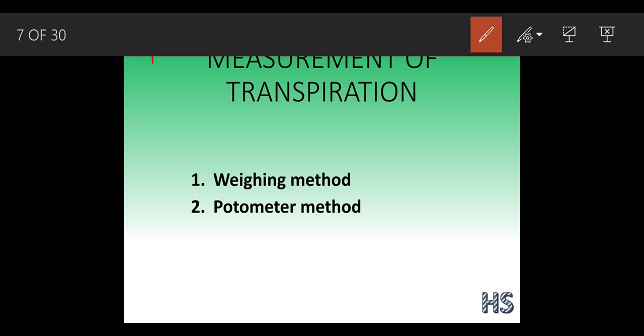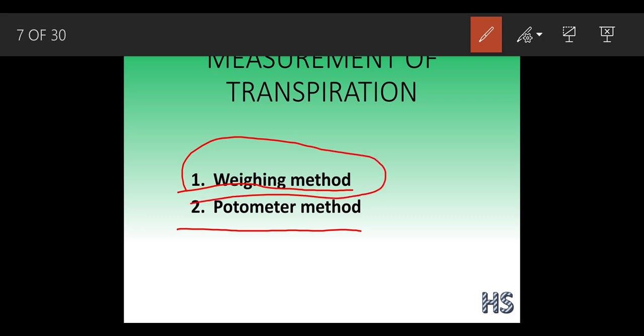So how to conclude this part? By checking the rate of transpiration. The first is the weighing method, and the second is the potometer method. So first I am going to introduce the weighing method. The weighing method means the method in which you can exactly check the weight of a plant. So let's start with this part.